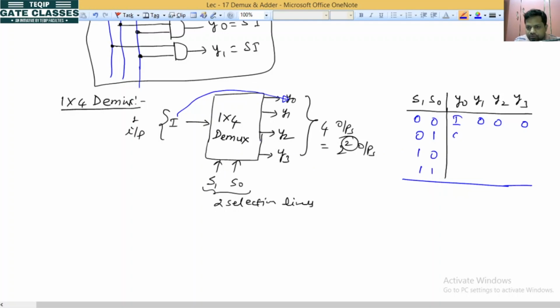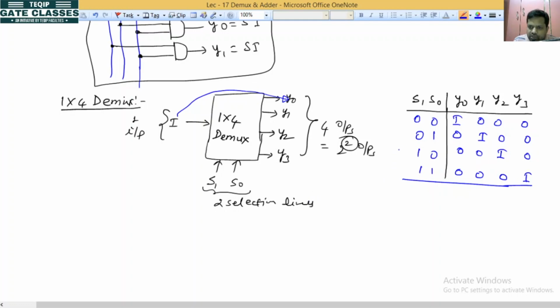So it will be 0 I 0 0. Similarly, if S1 S0 is 1 0, then I will be transferred to Y2. So it will be 0 0 I 0. If S1 S0 is 1 1, then I will be distributed to Y3.